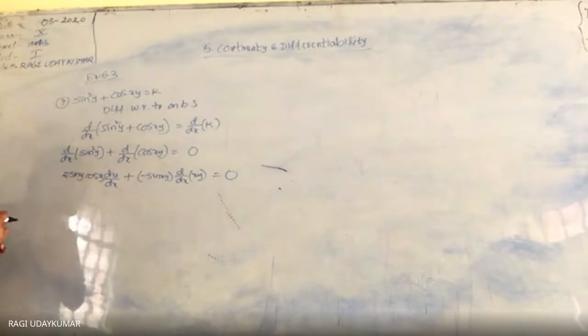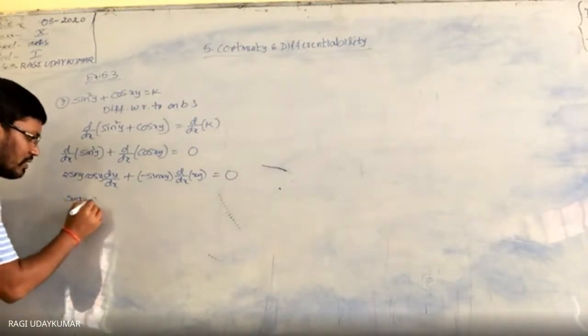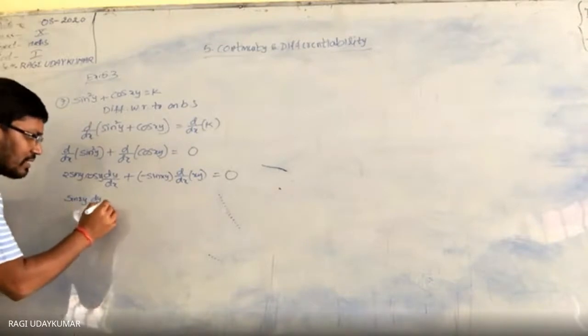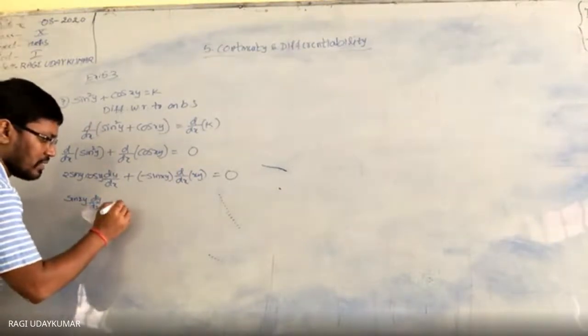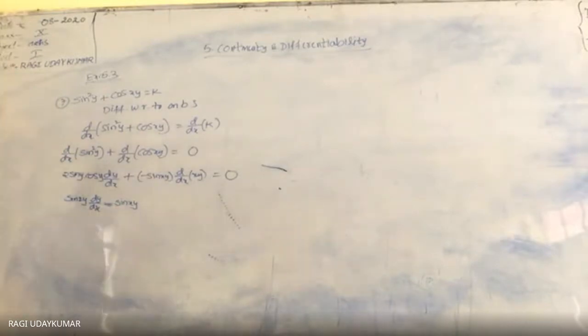2 sin y cos y can be written as sin 2y. Can we write that? 2 sin y cos y can be written as sin 2y. So sin 2y dy by dx minus sin xy times d by dx of xy, which is nothing but the UV rule applied.